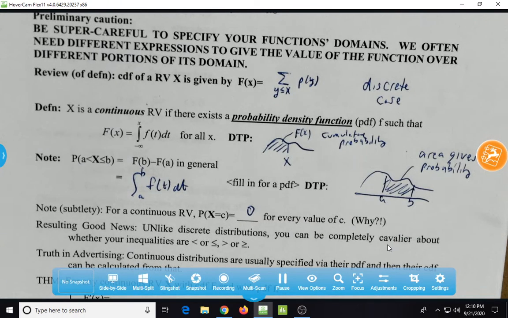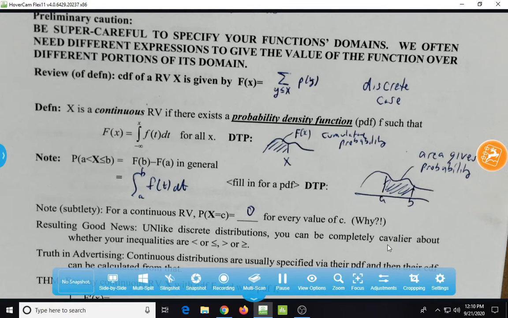So it's just sort of an infinitesimal line segment which has no area, and since the area for a continuous random variable gives you the probability, there's no probability for that. So, Mitch? What is c? C is just a number. A particular real value number, so every value of c would be a real number between negative infinity and infinity.